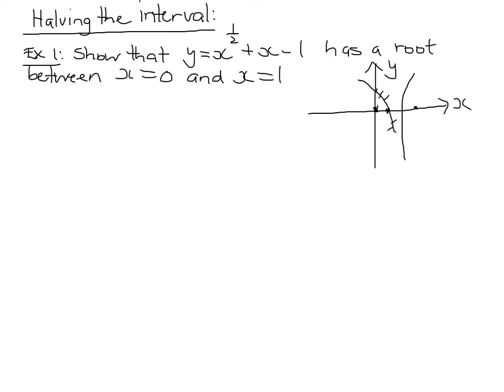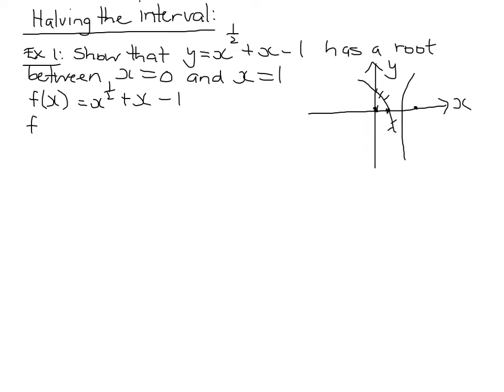The way we do it is to sub in the two numbers we're given and show that they have opposite signs basically. So somewhere in between those two numbers, the curve has to cross the x-axis. There's no other way for it to go. Okay, so if I call it f of x, we know that f of x equals x to the half plus x minus 1.